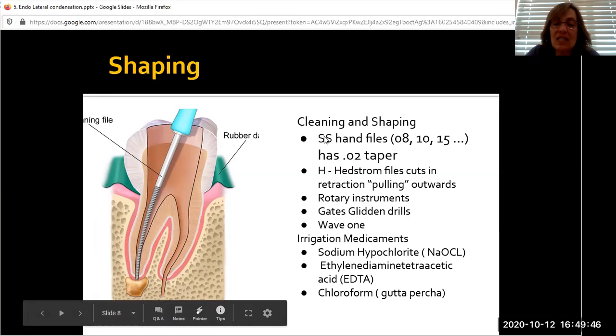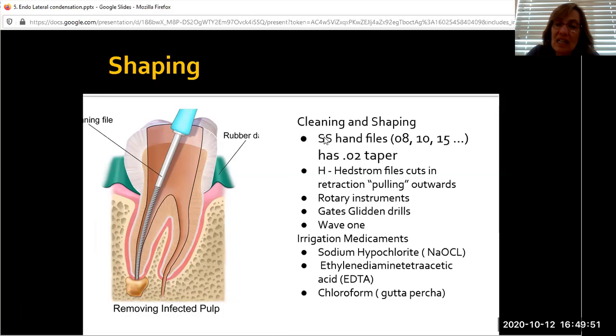But right now, just to discuss what instruments we put into the tooth to clean, they're SS files that have a numbering system. The smallest is 0.6. There is also 0.8. When we start with 10, it goes up in increments of 5.